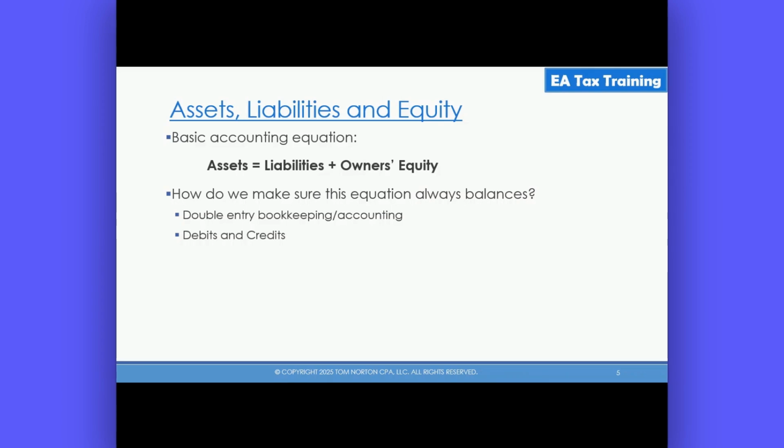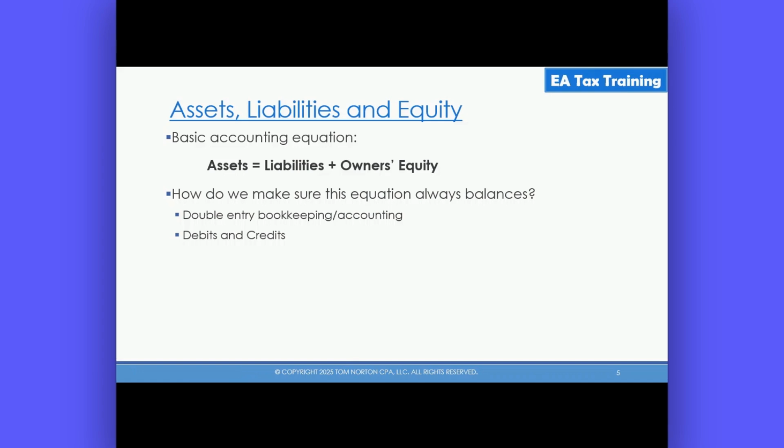So what double entry bookkeeping says is that for every financial transaction, we have to do two offsetting entries of equal dollar amounts. In order to do those entries, we use something called debits and credits. And as long as those entries are of equal dollar amounts and you follow the rules of debits and credits, then this equation will always be in balance.